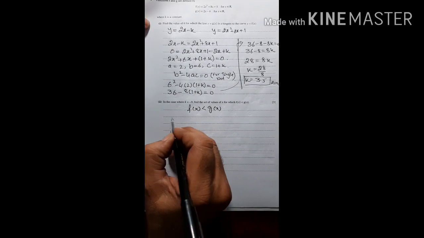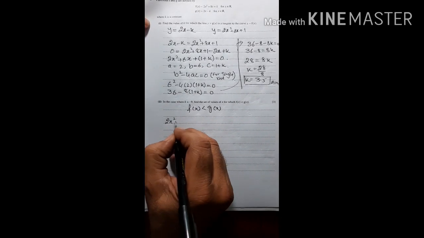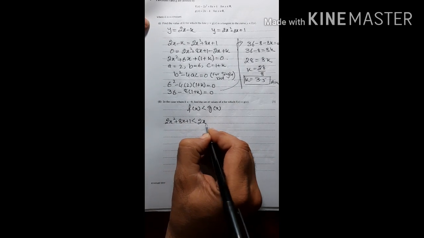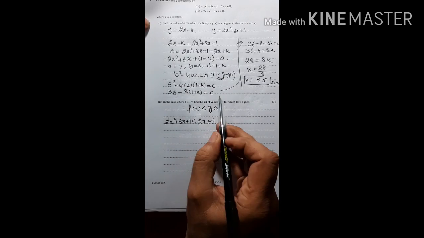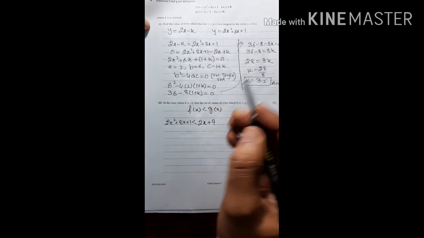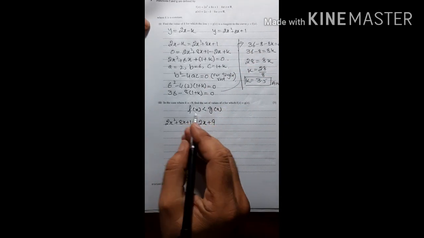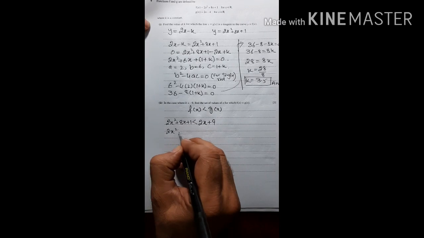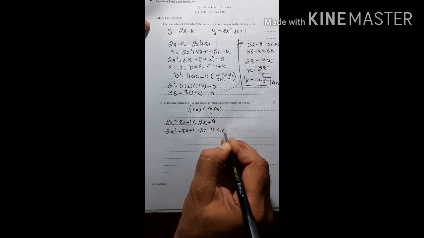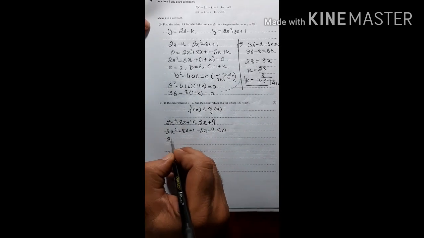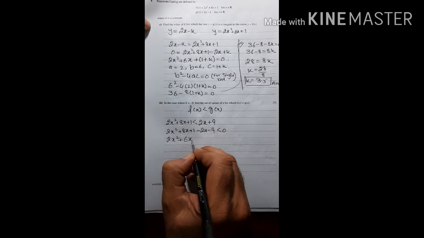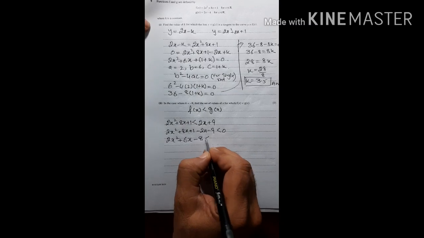It means 2x square plus 8x plus 1 is less than 2x plus 9, because there is 2x minus k. So if you put k is equal to minus 9, it will become plus 9. So we'll solve this inequality. 2x square plus 8x plus 1 minus 2x minus 9 is less than 0. Will become 2x square plus 6x minus 8 is less than 0.